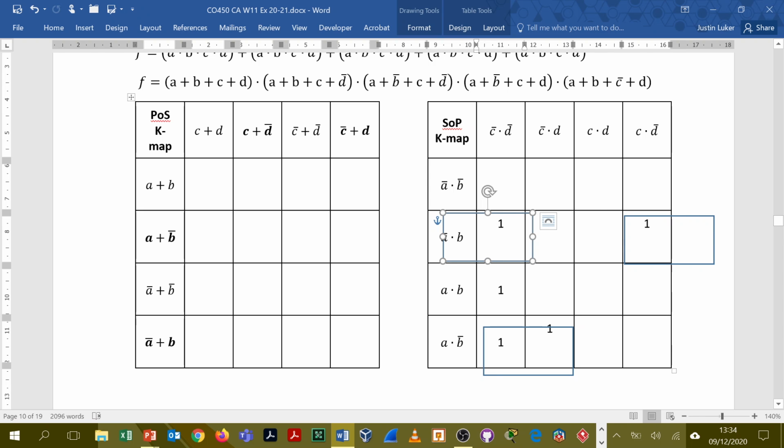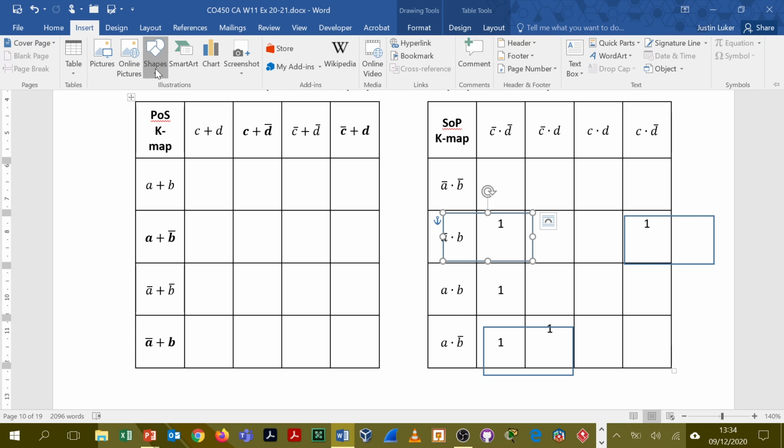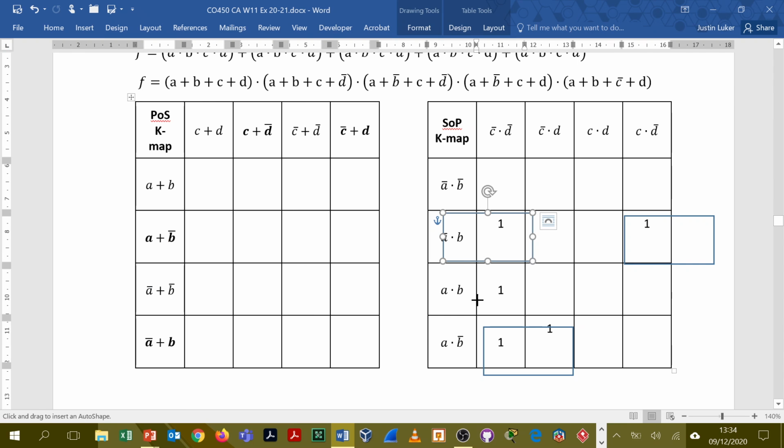Then we've got a single cell here, which could be an implicant on its own, but you really want to group it. You could either group it with that one, or with that one, so you've got a choice. You can't do 3 because that's not a power of 2. So you need to decide which one you're going to group with.